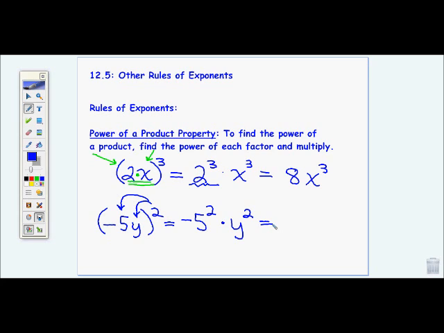So negative 5 times negative 5 gives you a positive 25, and we need to leave our variable term as is. So that answer would be 25y squared. So that's when we are multiplying the product inside the parentheses, and then we are using the power of a product property.